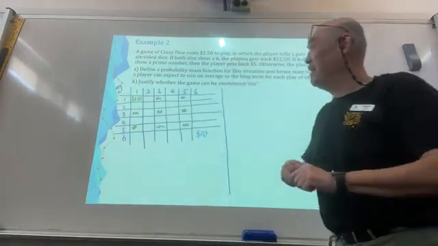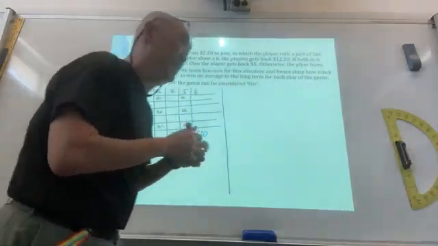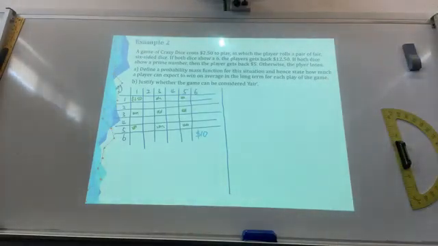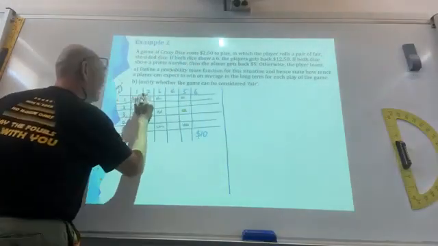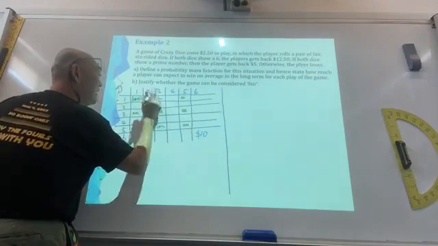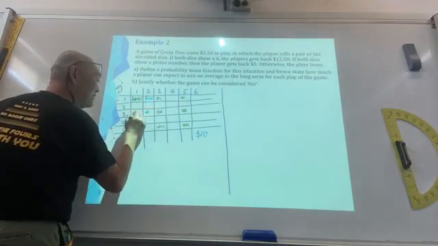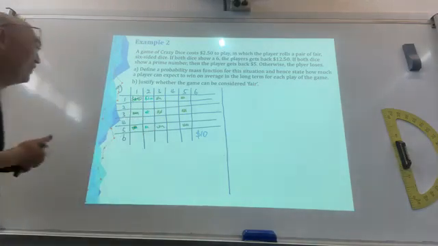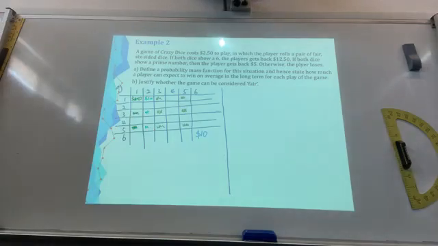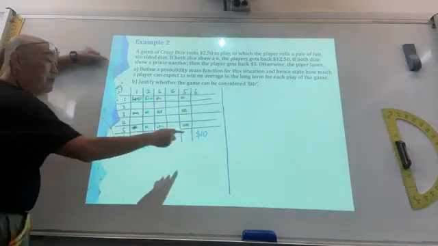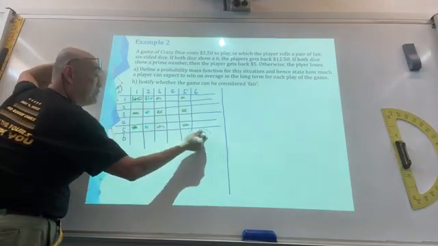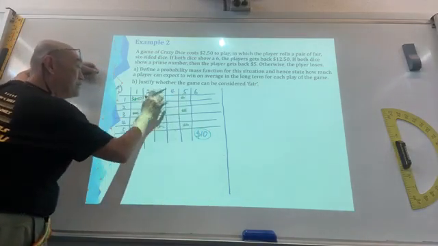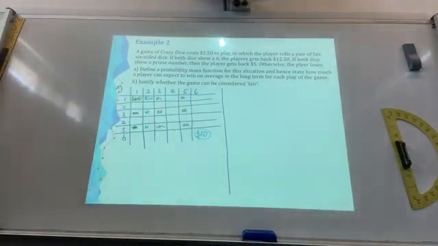So that bit here should be $2.50, and the rest are $2.50. This one's not there, and this one's not there. So you can see one of them is $10. I've got 9 which are $2.50. Agree?